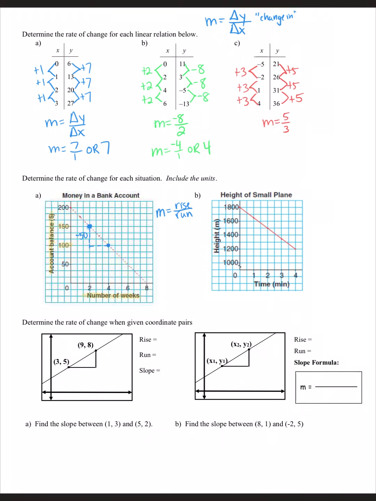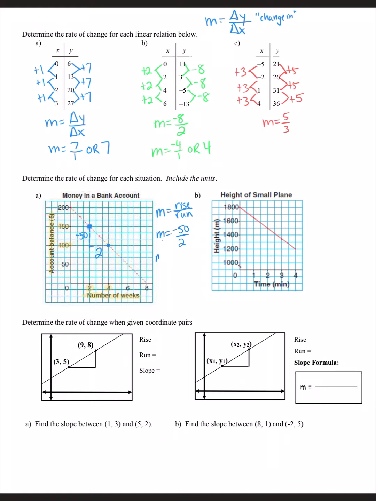And then I go over, and again, if I look on my x-axis, how much am I moving over from 2 to 4. So the scale is not 1 to 1 on those blocks. So 2 to 4 means I'm moving to the right by 2. So my rise in this case was a negative 50, and my run was 2.